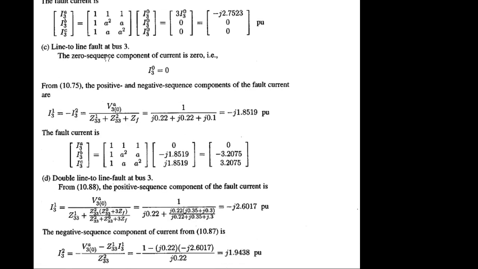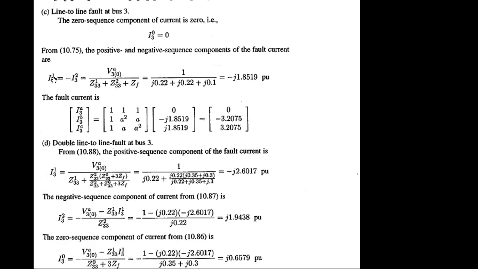For single line to ground fault, besides line to line fault, the steps will be I31 and I32. The negative and positive sequence will be the same, but I30 will be 0.